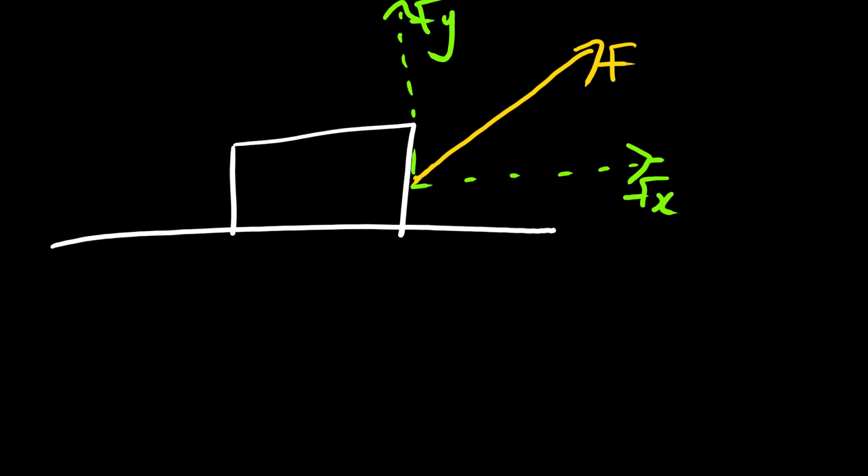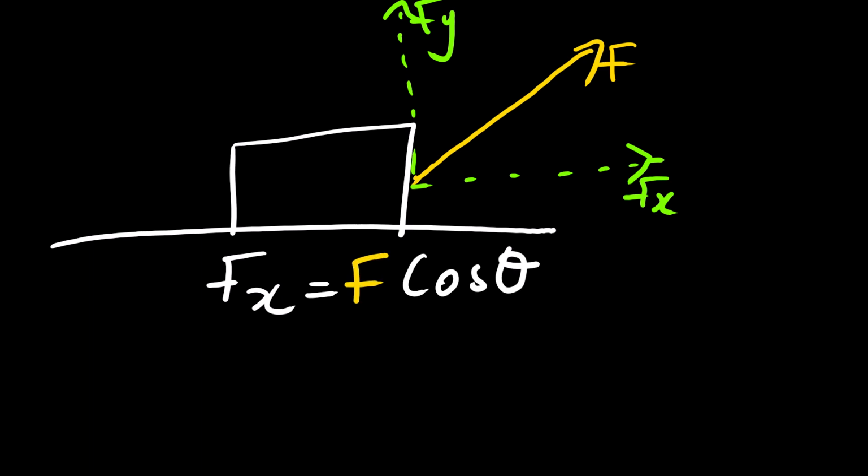In this case, whereby we have a flat surface and then a certain force applied at a certain angle, it's a bit different when it comes to trig ratios. Our Fx equals that particular force multiplied by cos theta. You can see that it's a bit different. Fx on an incline, it's sine. Fx on a flat surface, with a force applied at a certain angle, it's cos. So it means Fy will be what?